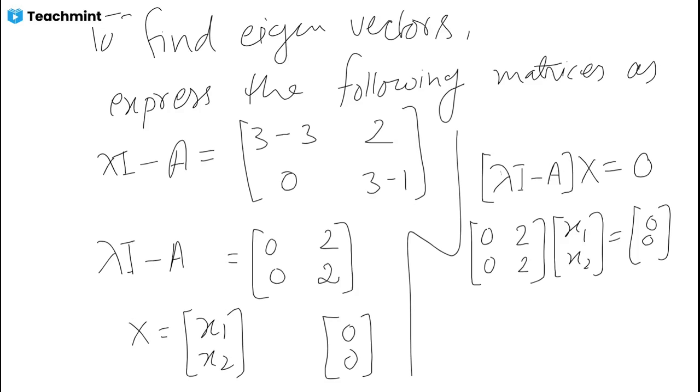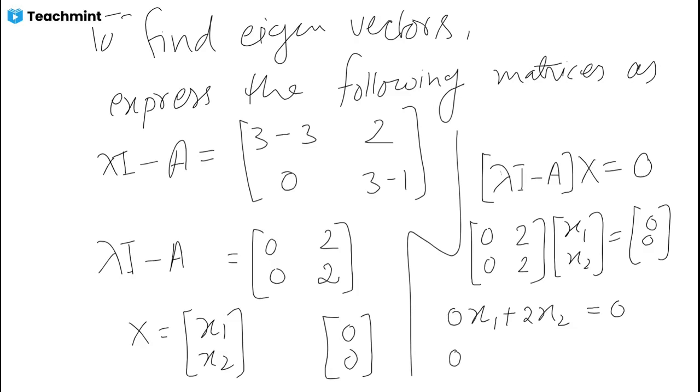So now let us multiply them. So 0 into x1 and 2 into x2 is equal to 0.